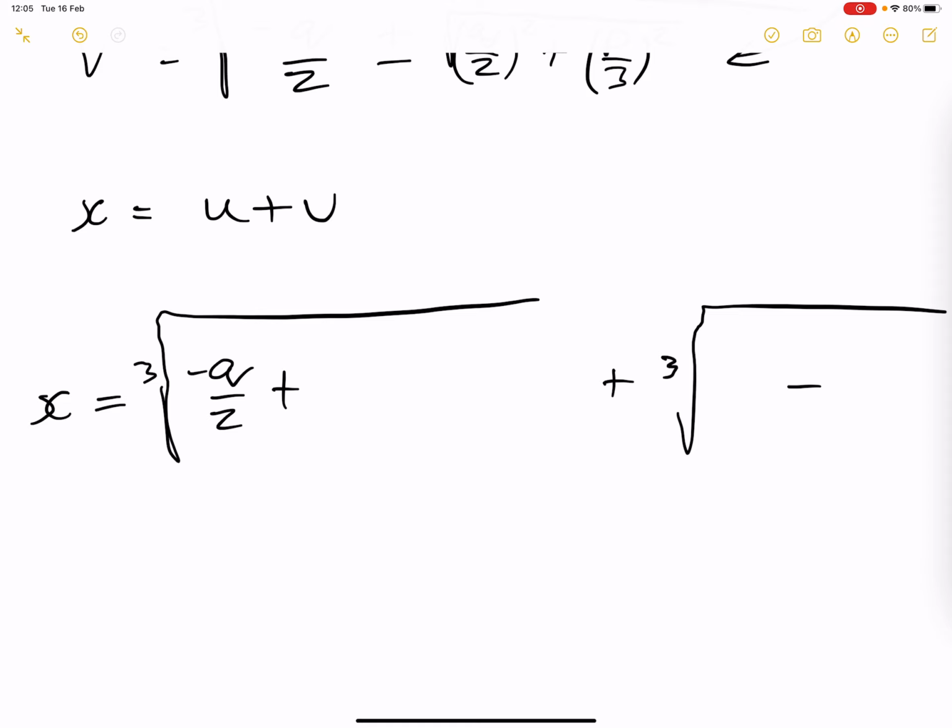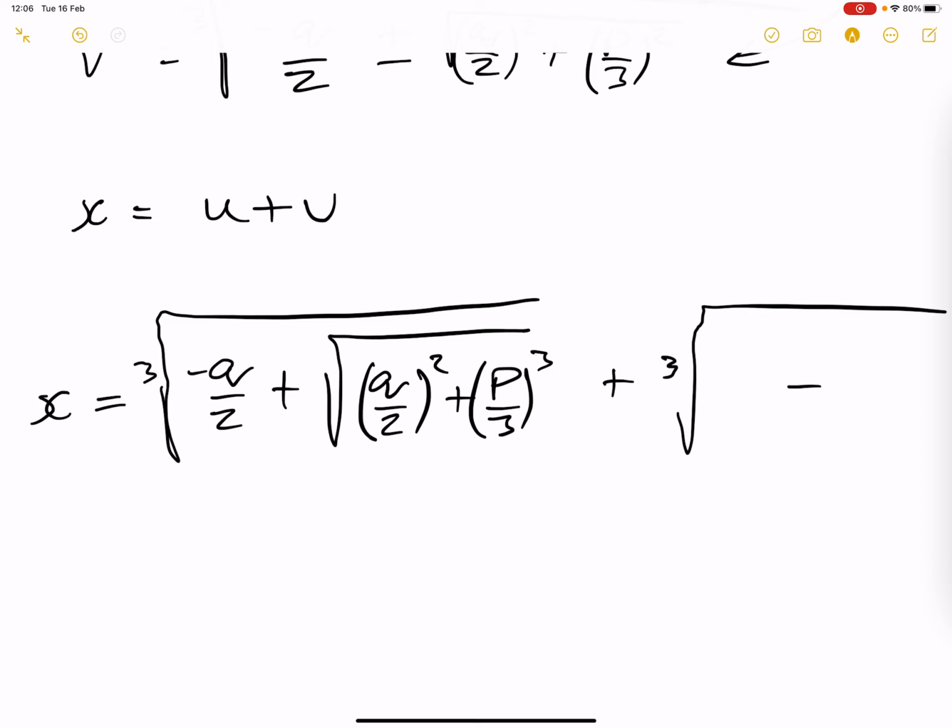It has to be plus minus or minus plus. It can't be minus minus, and it can't be plus plus. I don't know why, but it can't be. Plus the square root of q over 2 squared plus p over 3 cubed, negative q over 2 plus minus the square root of q over 2 squared plus p. Will I fit it in? Oh dear, I haven't fit it in.